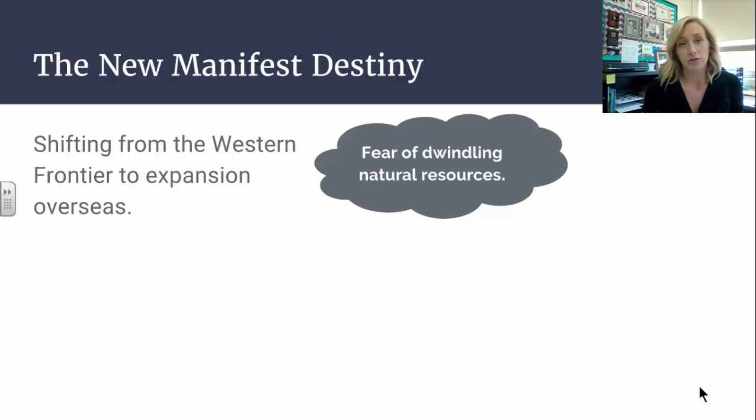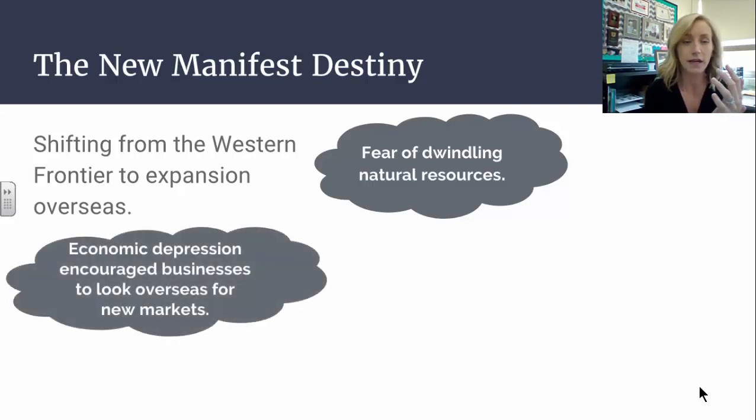Fear of dwindling natural resources. If you think back to industrialization, which again is an objective where you need to know that relationship, with the conservationist movement as a response to the depletion of natural resources, we were wanting to look elsewhere for raw materials. The economic depression of the 1890s very much encouraged businesses to look overseas.